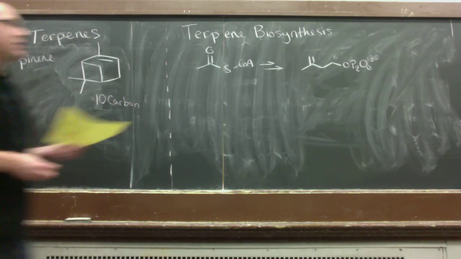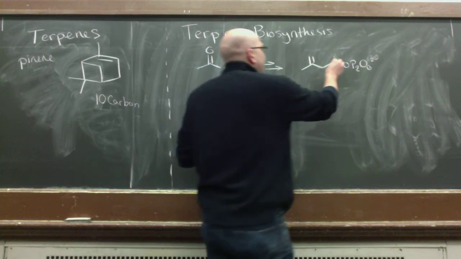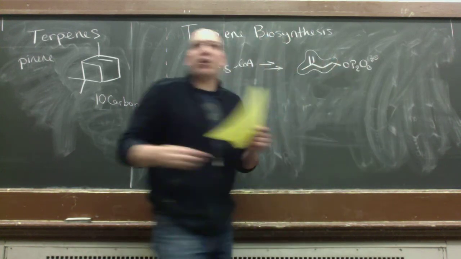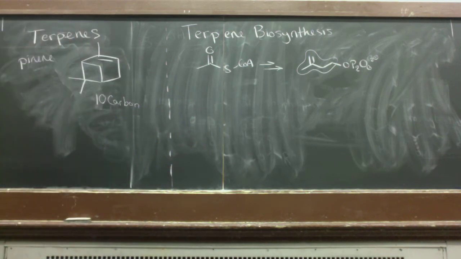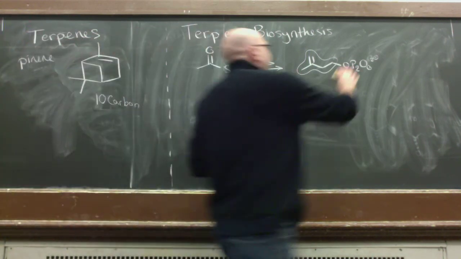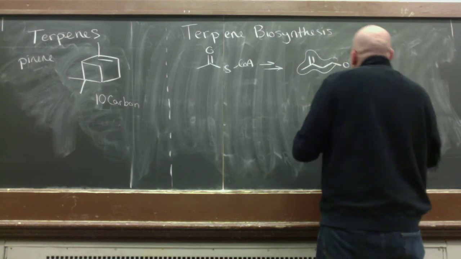So it's basically got what's known as an isoprene group here. That's a 5-carbon unit, and these are the building blocks of a lot of the different terpenes. Let me just draw this out for you.